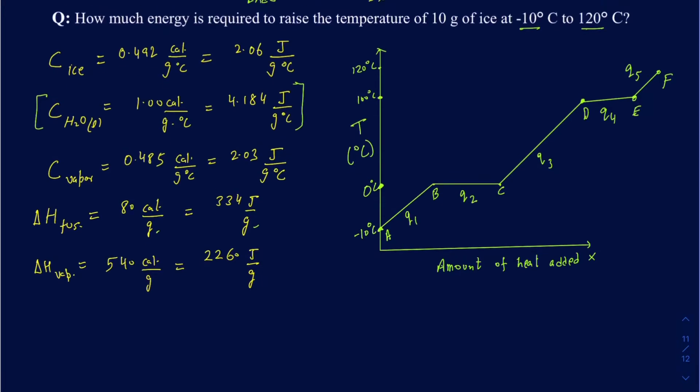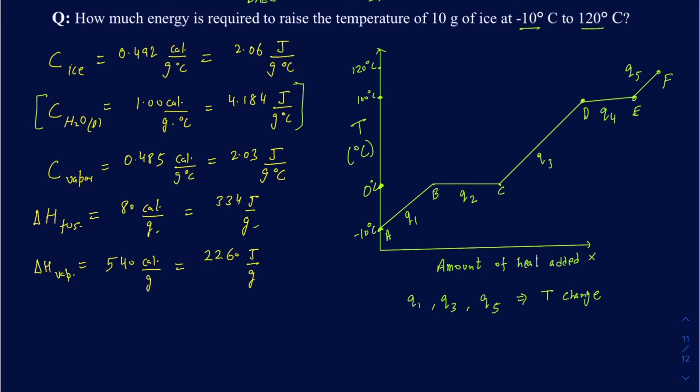You have Q1, Q3, and Q5. In these cases, you're changing the temperature. So there is a temperature change, but the phase does not change.